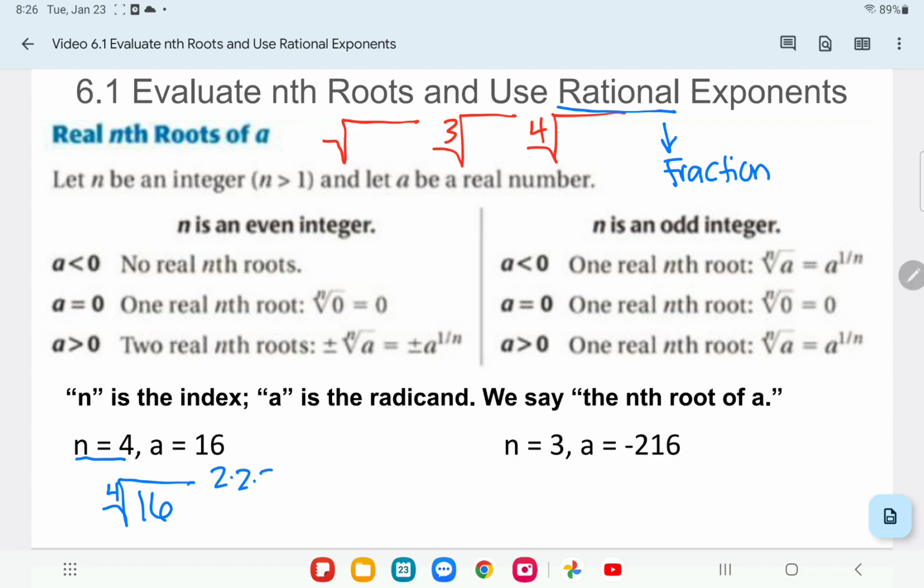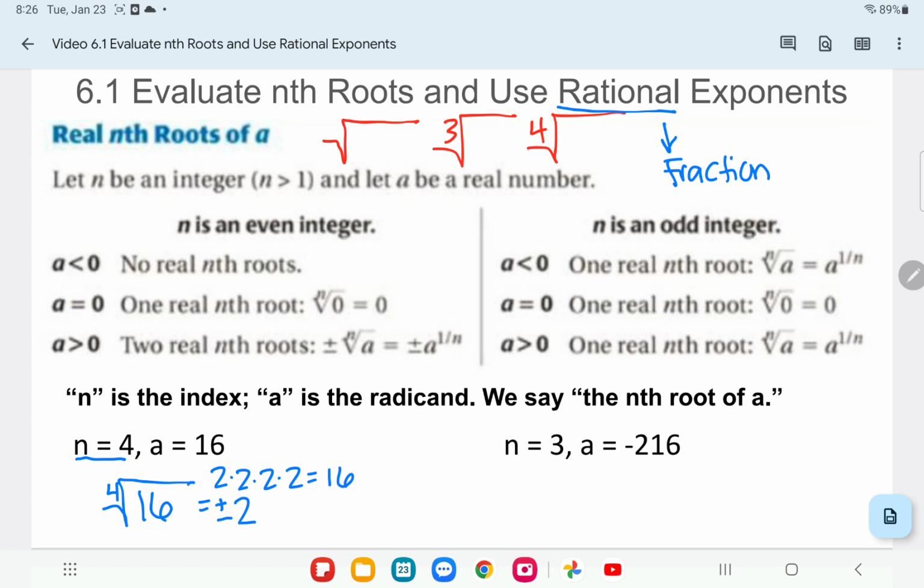We know 2 times 2 times 2 times 2 is 16. So the fourth root of 16 equals 2. But also, negative 2 times negative 2 times negative 2 times negative 2 is also 16. So the fourth root of 16 could be positive 2 or negative 2.